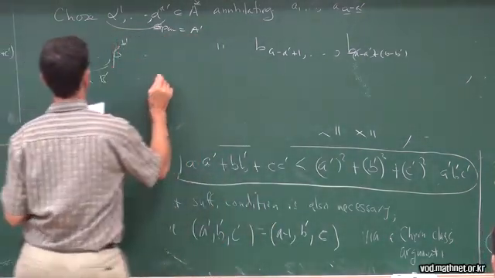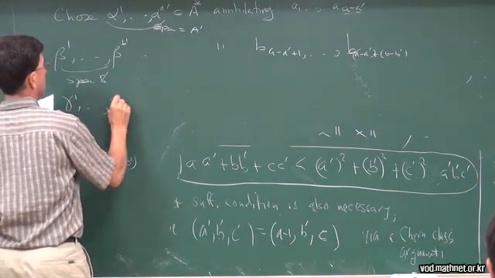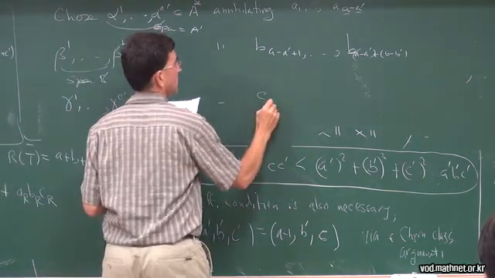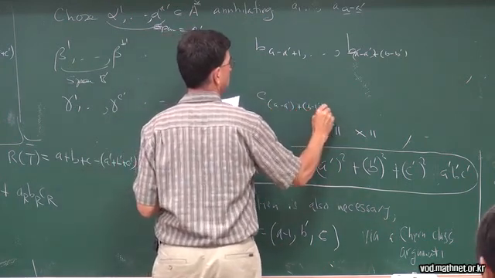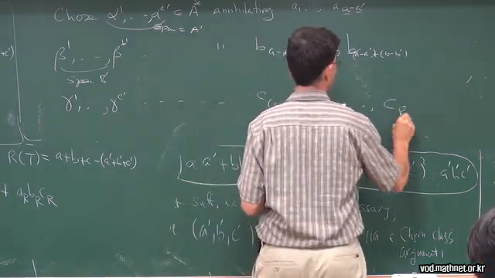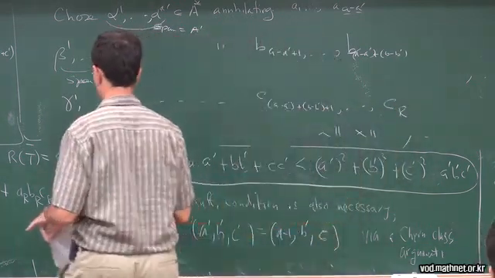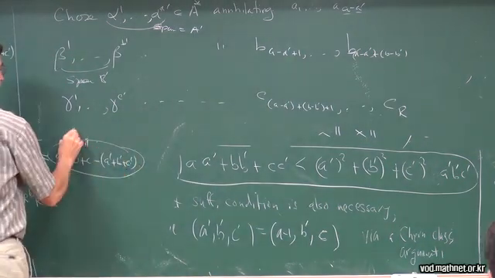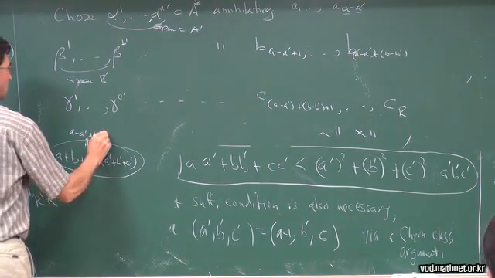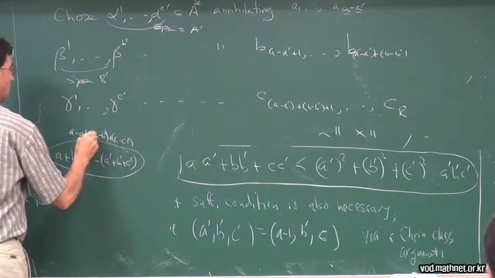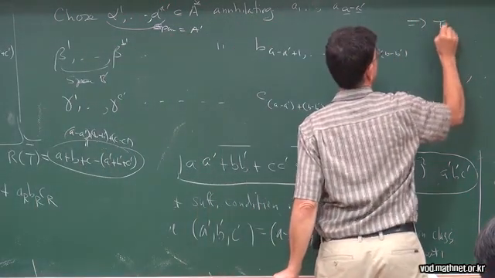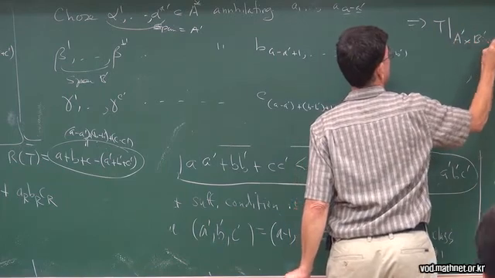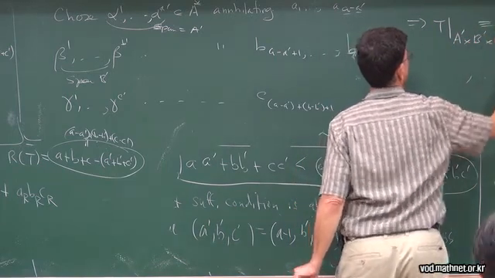And then choose gamma 1 to gamma C prime, annihilating C A minus A prime plus B minus B prime plus 1 all the way up to CR, where again R is this number. And we see that T restricted to A prime cross B prime cross C prime is identically equal to 0.